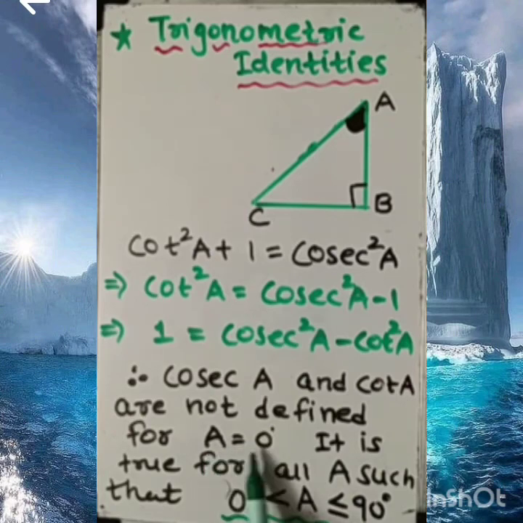But we know the value of cosec A and cot A is not defined for this angle A of 0 degree. That's why this is a very important result. So dear student, here successfully we have completed the derivation of all three identities. Okay, which you find very easy.